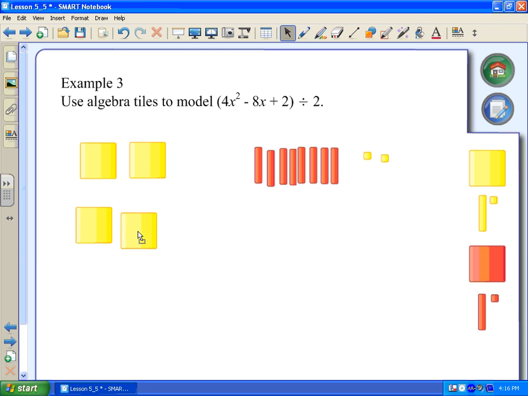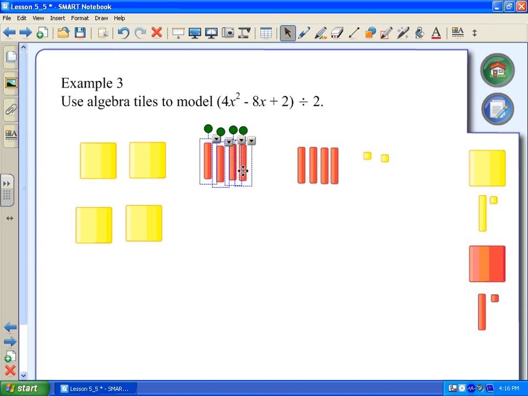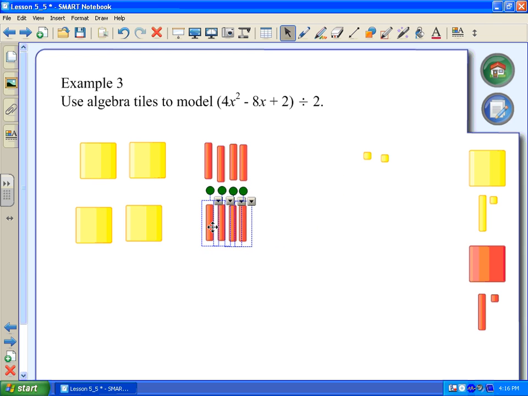So I could take this, and if I split this into 2 groups, instead of having 4x squareds, I will have 2x squareds. Instead of having 8 negative x's, I'm going to have 2 groups of 4 negative x's. Instead of having 2 1's, I'm going to have 2 groups of 1 1.